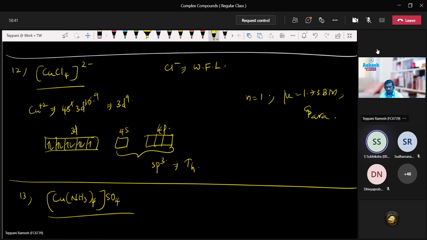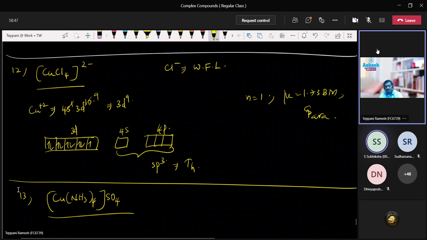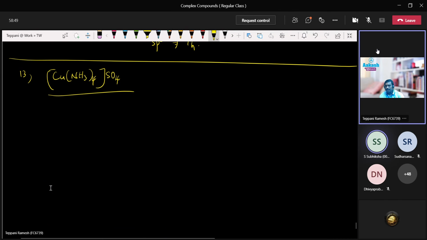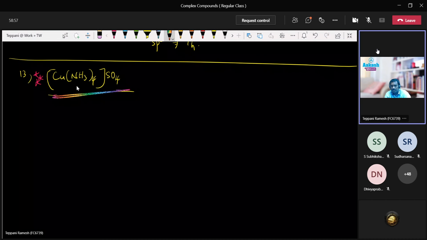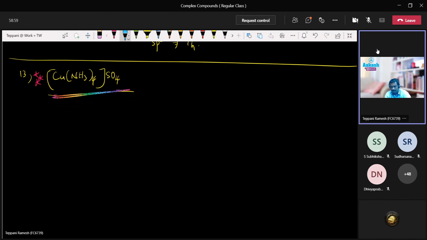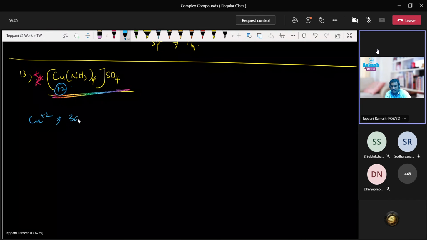sp3, sir. You are expecting sp3, right? Here there is an exceptional thing. Look properly. Copper plus 2 again means 3d9. So what do we have to say?